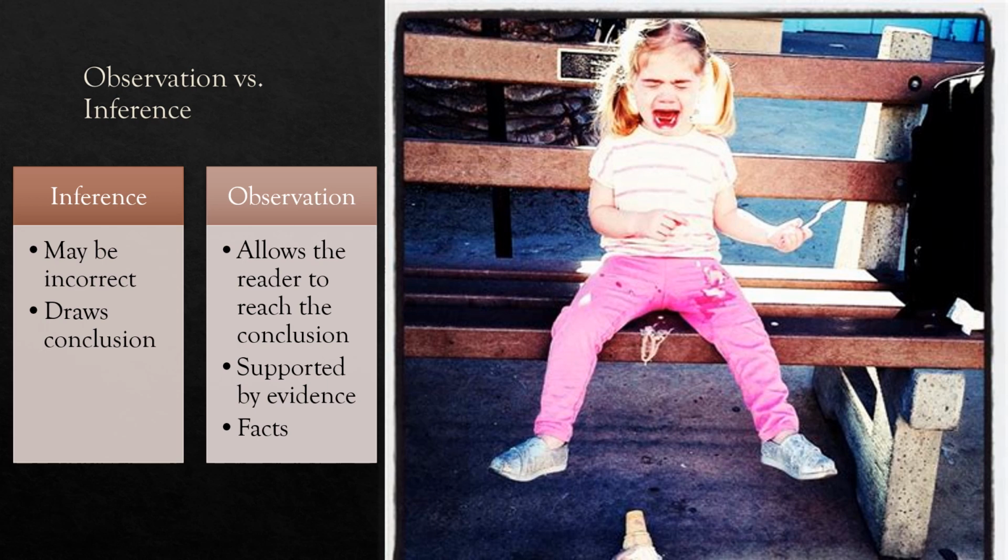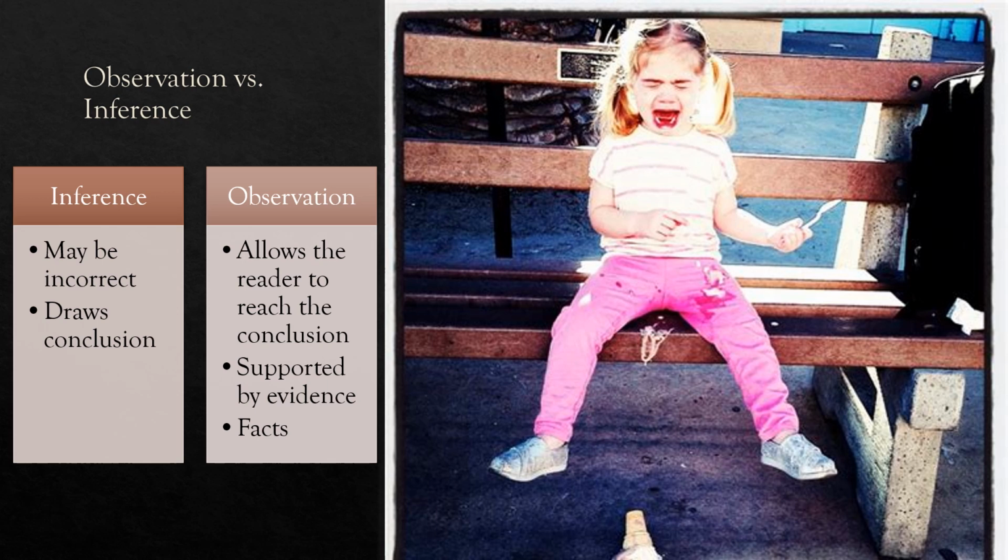An inference is taking an observation and then reading too much into it and drawing a conclusion. The challenge there is that often our inferences may not be correct or based off of facts, or they might also be drawn from bias or from heuristics that maybe do not match the evidence.